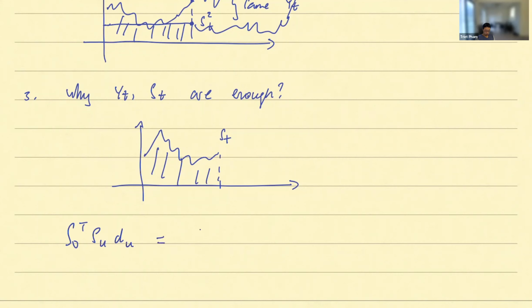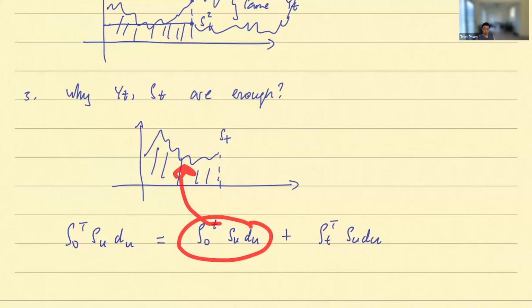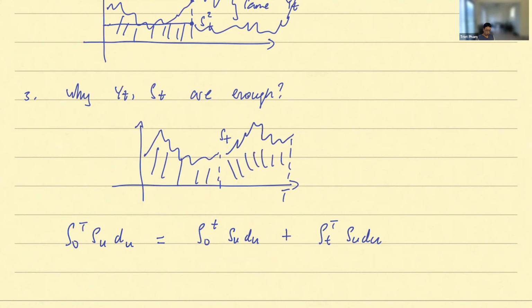Now, this will be the integral like this, so this is exactly captured by the area under the curve. So it's like saying the entire area under the curve can be captured by two areas, this area right here and this area right here.